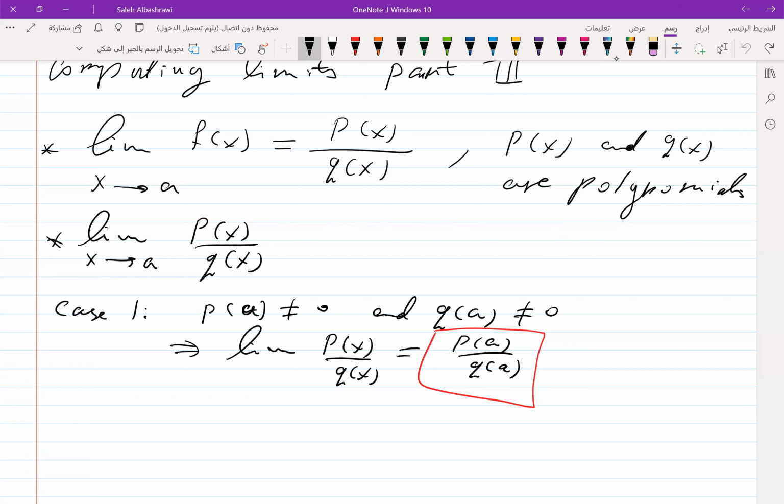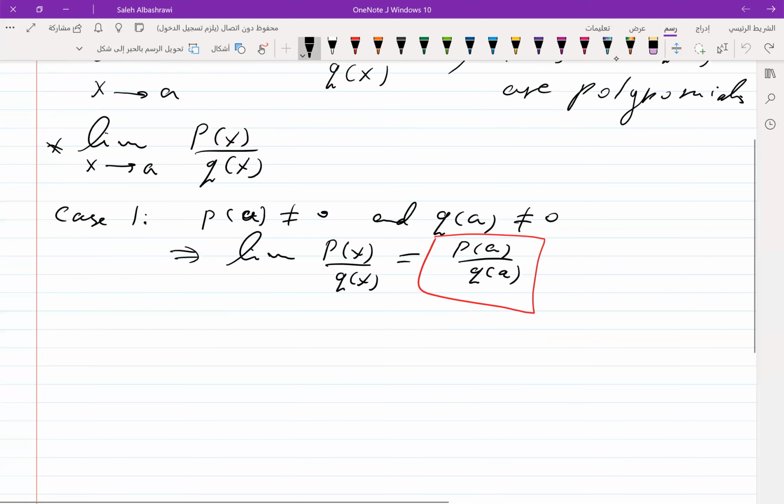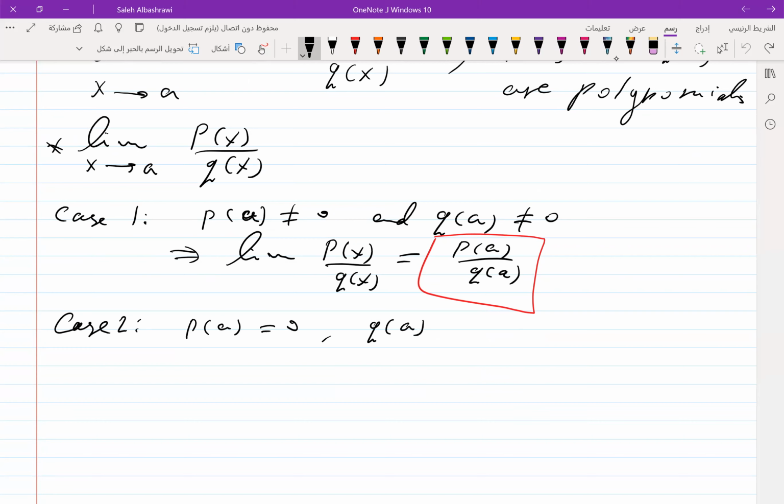Second case, case number 2. p of a is equal to 0 and q of a is not equal to 0.